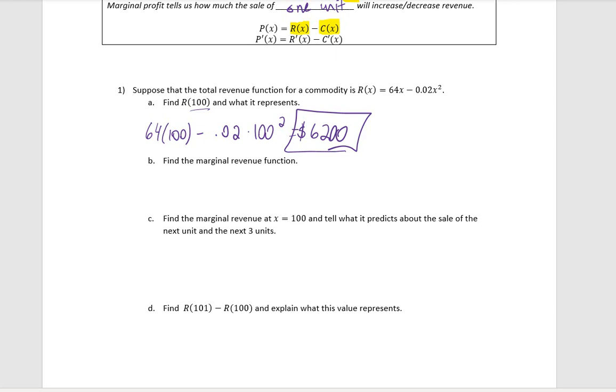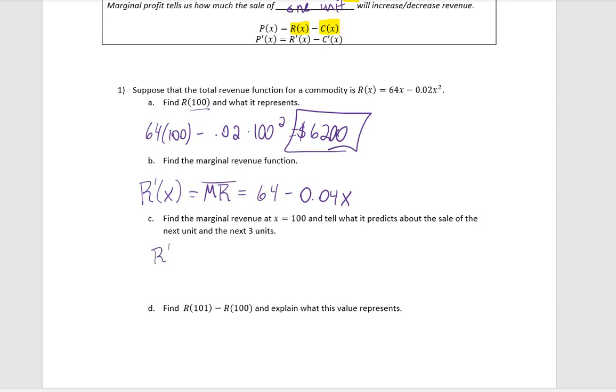Now, to find the marginal revenue function, that is going to be R prime of X, which remember we can rewrite as MR bar. So we take the derivative, so that's going to be 64 minus 0.04X. Now we want to find the marginal revenue at X equals 100, and we want to tell what it predicts about the sale of the next unit and the next 3 units.